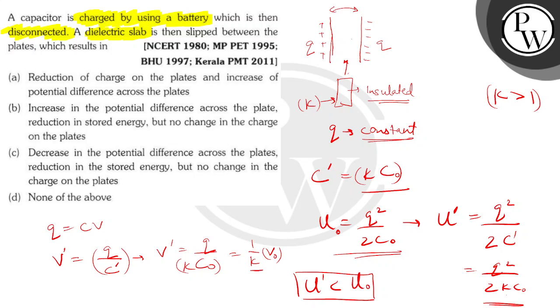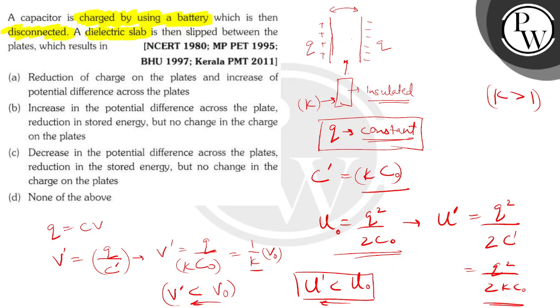Since K is greater than 1, V dash is less than V naught. So the potential difference has dropped and the potential energy has also dropped, but the charge is constant since there is no connection between the plates at any point in time.